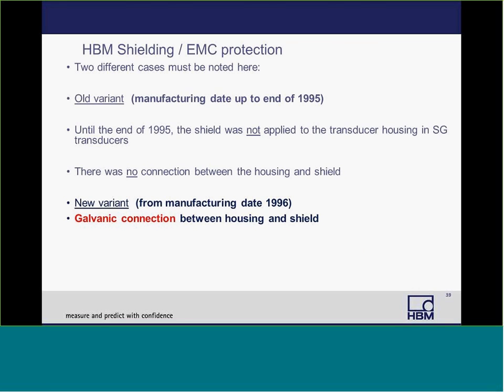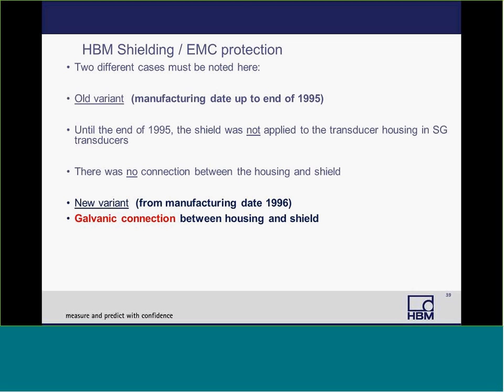One thing to note is if you use HBM load cells, up until 95, it was common to not connect the cable shield with the transducer housing. And this was to avoid ground looping. However, this shielding concept is no longer applicable because of CE/EMC regulations.